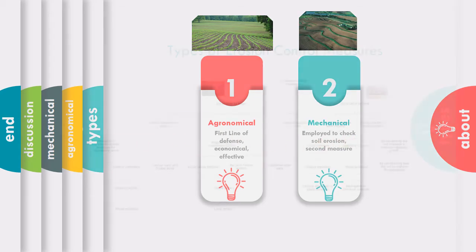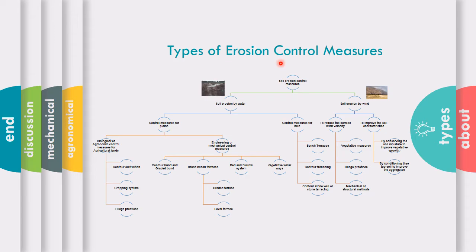There are different types of erosion control measures we are going to see. As we know from the previous unit, soil erosion is classified broadly into two types: one is by water and another one is by wind. To control soil erosion caused by water, we classify it into two major types: one in the plain areas, another in the hilly areas.